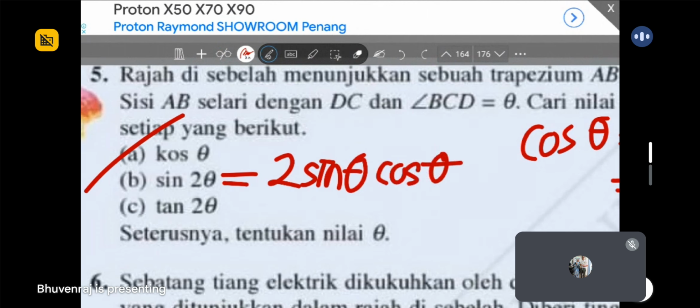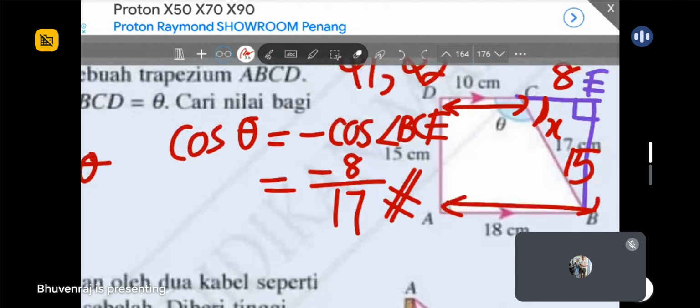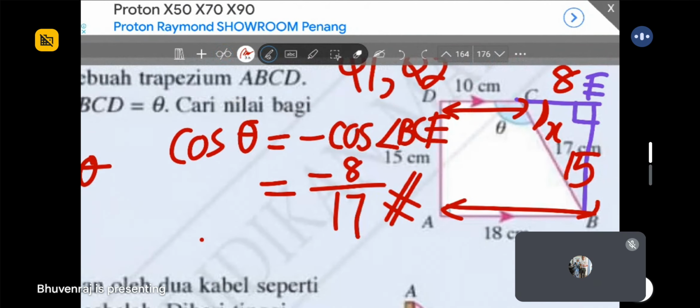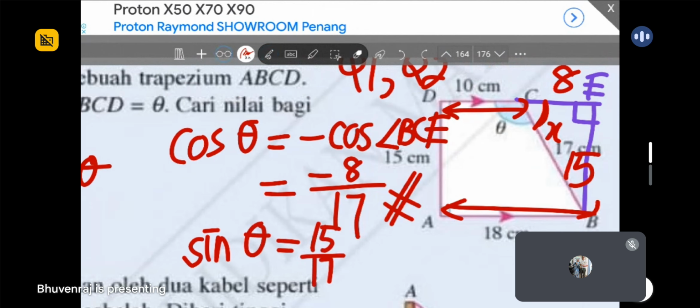Now cos theta, you can substitute answer just now inside here, gantikan saja jawapan kat A. For sine theta, you need to find the answer. Based on this triangle, what will be your sine theta? So it's opposite over hypotenuse, bertentangan bagi hypotenuse. So opposite, BE 15, hypotenuse 17. So sine theta is 15 over 17.